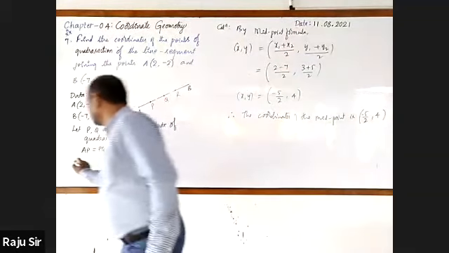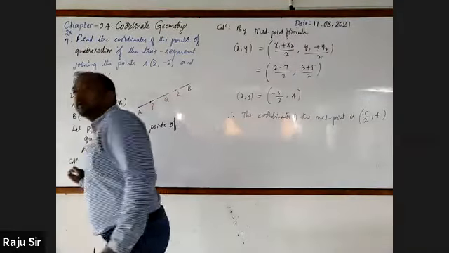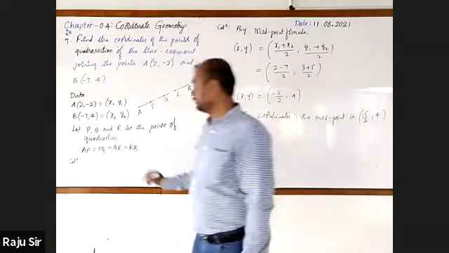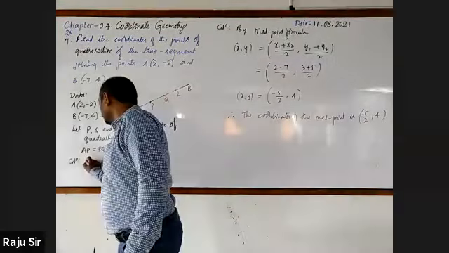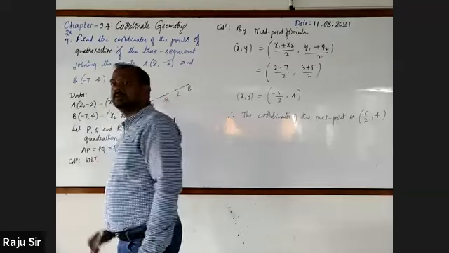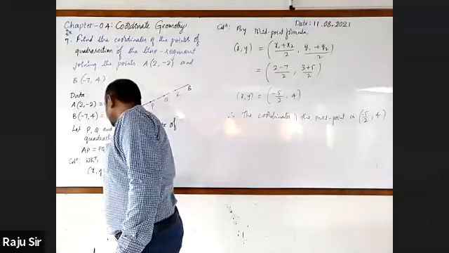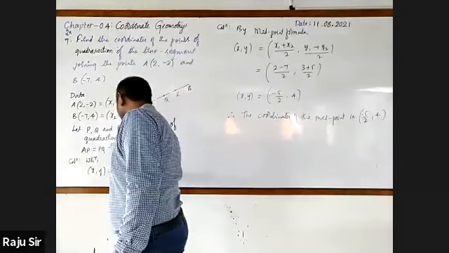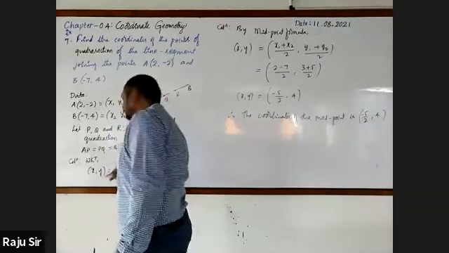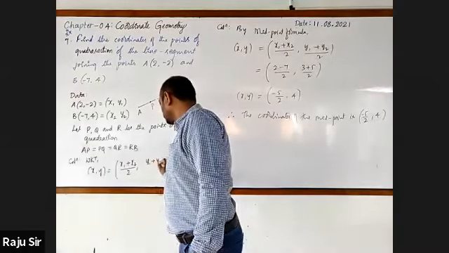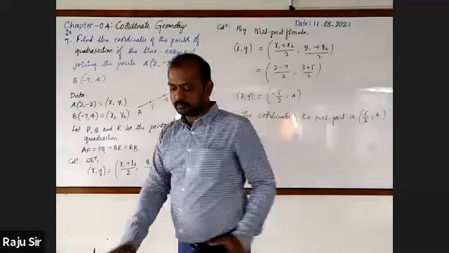So for finding the coordinates, let's go for using only the midpoint formula. We know that the midpoint formula (x, y) is equal to ((x1 plus x2) by 2, (y1 plus y2) by 2).